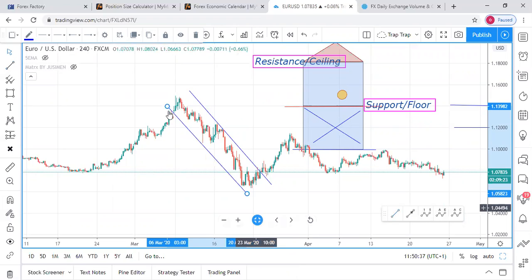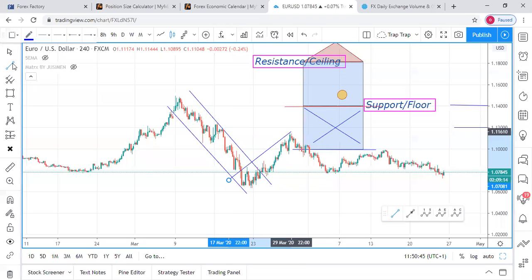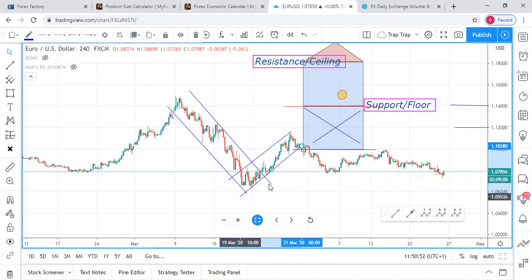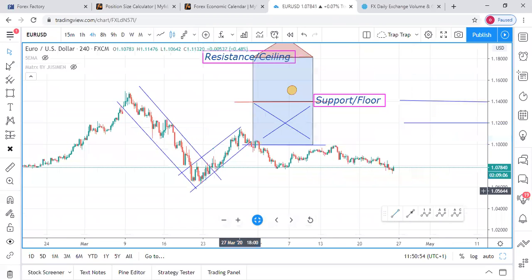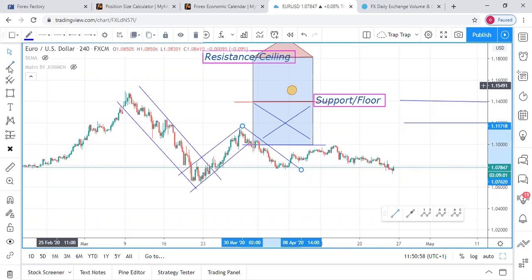This is like a channel where price is just respecting it to the downside. And all of a sudden, we have another one where price is moving to the... I'll teach you how to draw trend lines later on. The rules to drawing trend lines, I'll teach you. But I just want you to see that we have them like that in the market.